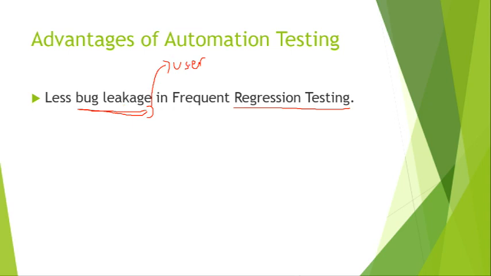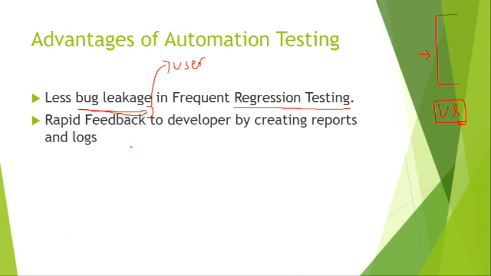If we implement automation testing, there will be less bug leakage, because we already have the script and we just run all the scripts. No need to do all this manual testing every time. In manual testing, you may miss some scenarios in regression testing, but in automation testing, that will not be missed by the tester.